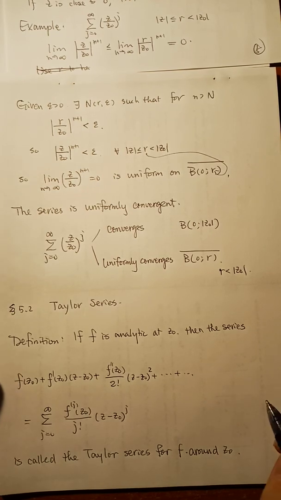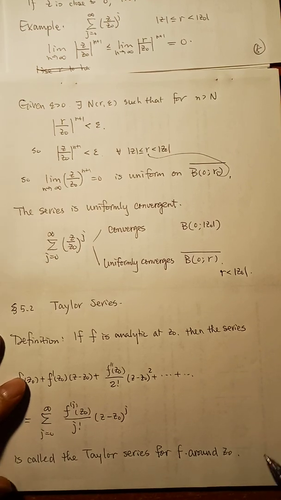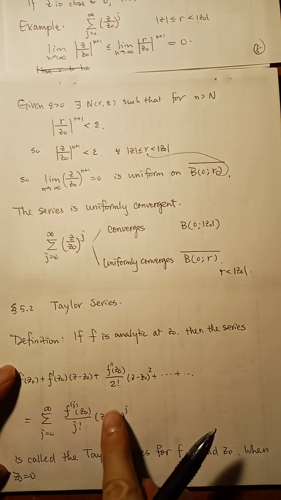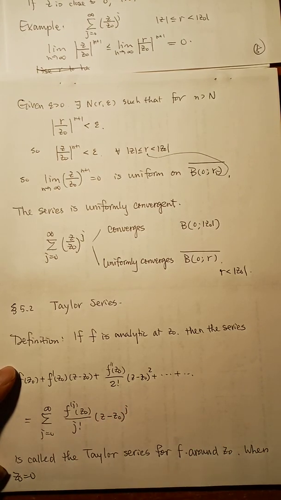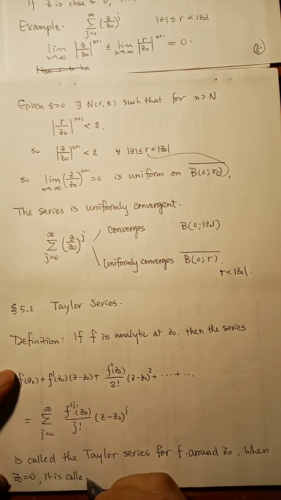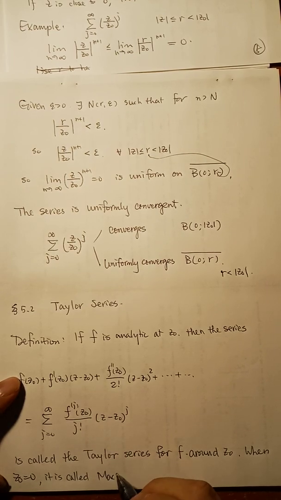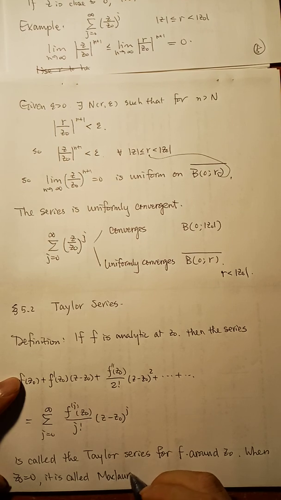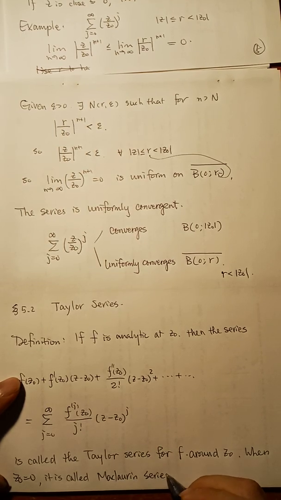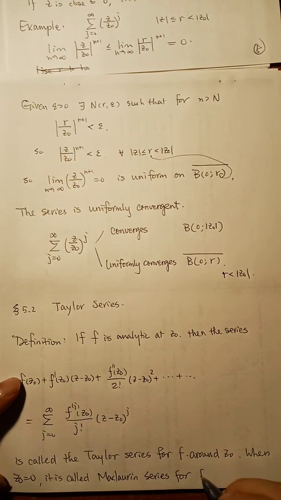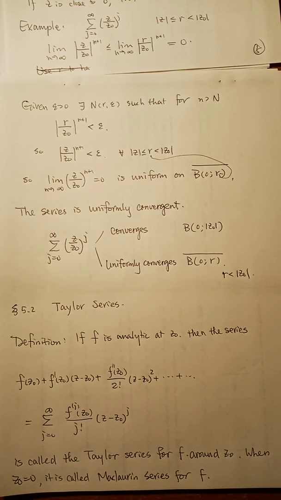Okay, so we just claim you attach it something, but we don't say it is equal so far. So when this Z0 is equal to 0, when there's no Z0, just Z to the J, it is also called the Maclaurin series for F. Okay, so that's a Taylor series and Maclaurin series.